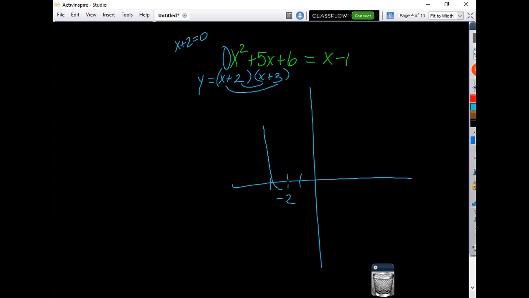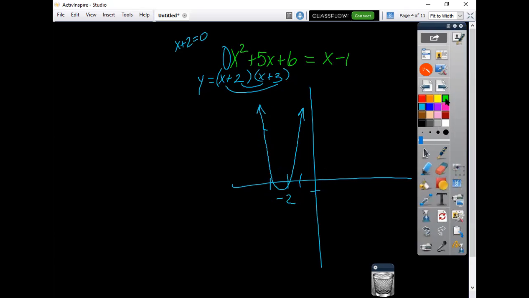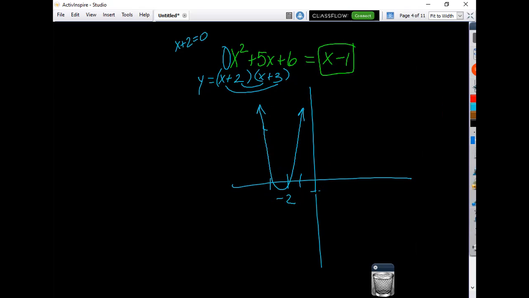So we have a parabola that's just dipping down a little bit right in there. Well, now where's my x minus 1? Well, I might have made a problem that doesn't exist, because if I go down 1 and I have a slope of 1, looks to me like they never intersect.